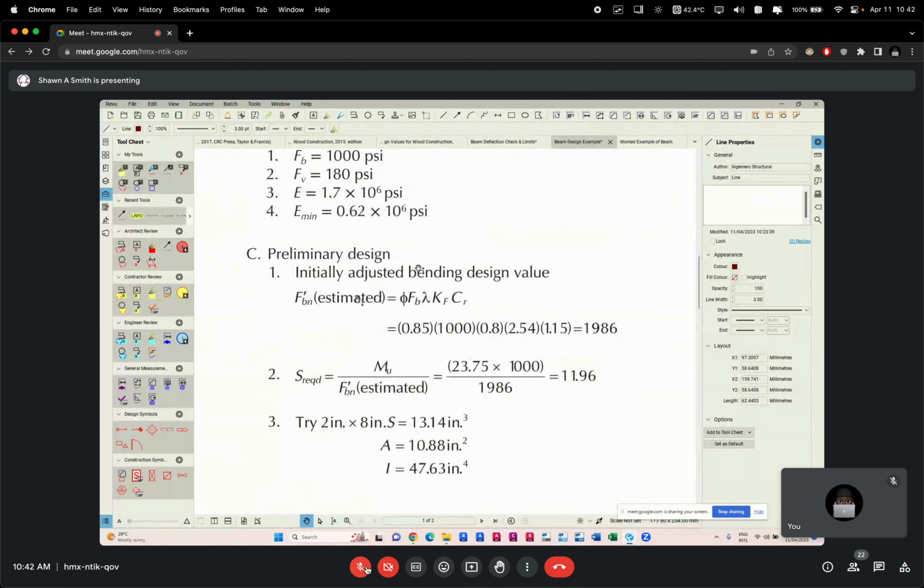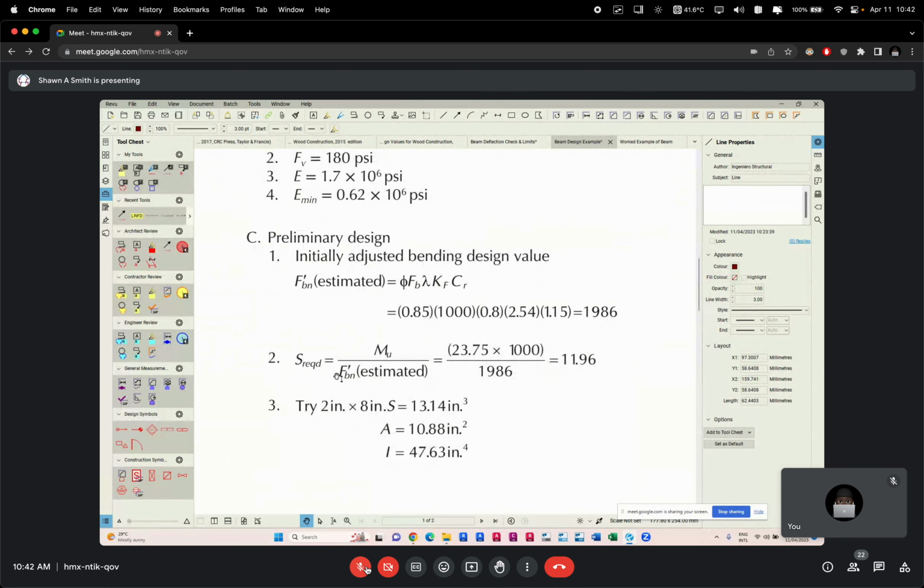Now, because it's a design and not an analysis, they are now calculating the required section modulus. Based on what we know, the moment times section modulus should be less than or equal to the stress, which is the bottom one.